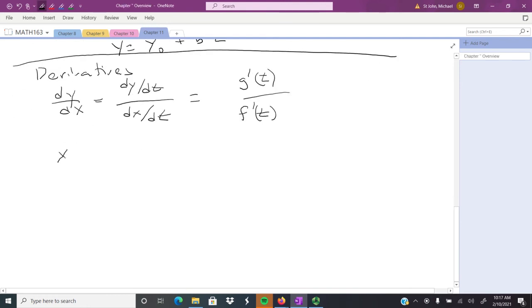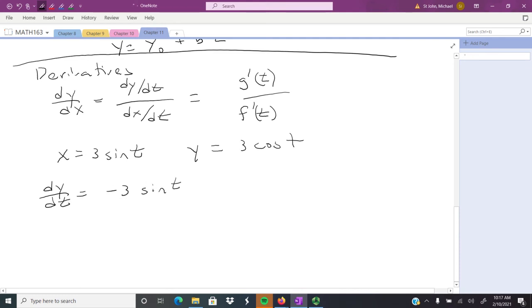So if I say x equals 3 sine t and y equals 3 cosine t, then dy dt would be minus 3 sine t, and dx dt is going to be 3 cosine t.